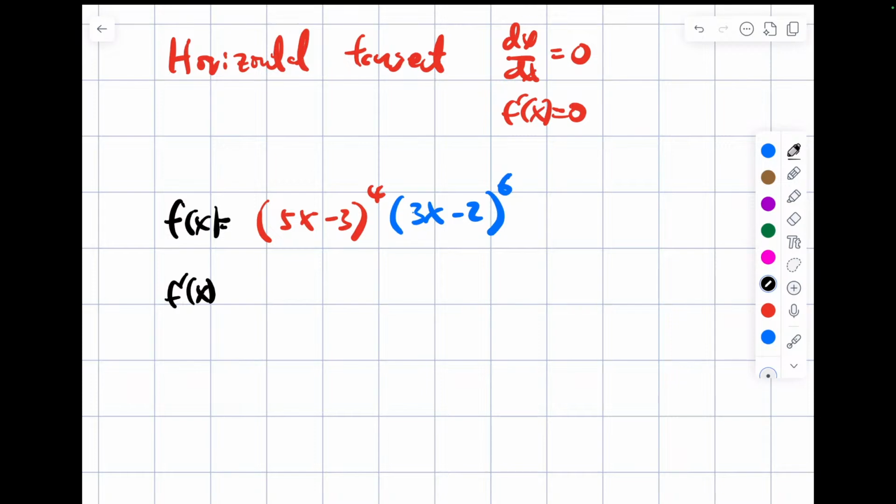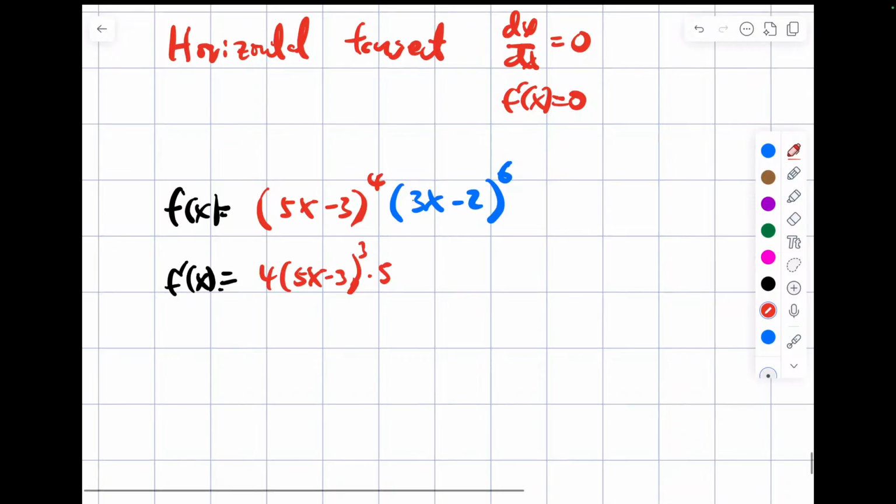All right, so what we're gonna do is show you the derivative of this. That's equal to the derivative of the red function, which is 4 times (5x minus 3) to the third times 5. Did you forget the 5? Lee, you forgot the 5.